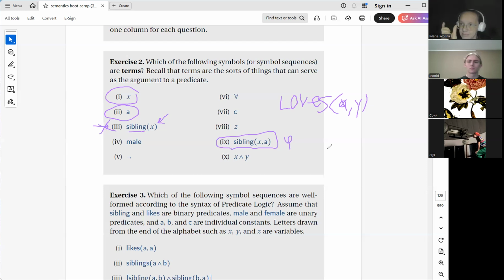Same as we can use operators like and, or, and if and only if with formulas. Yeah, you remember that. So I understand that the formula can serve as the argument to a predicate. So it's a term.